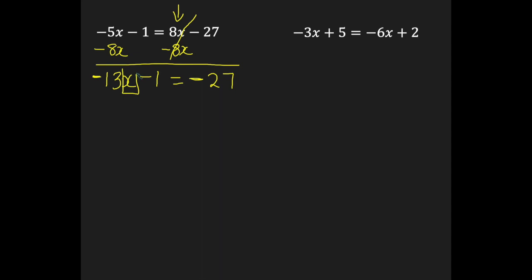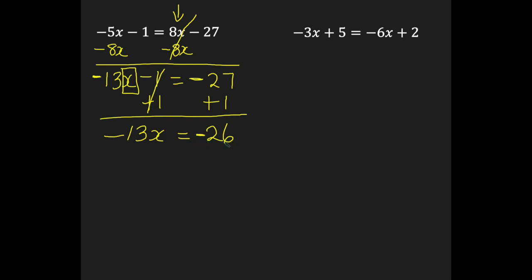Remember, when I put my box around my variable, that is my clue that I can't get rid of the negative 13 first. I will get rid of the 1. It says minus 1. The opposite would be to add 1 to both sides. This is eliminated. I'm going to bring down my negative 13x equals. When the signs are different, I subtract and keep the sign of the larger number.